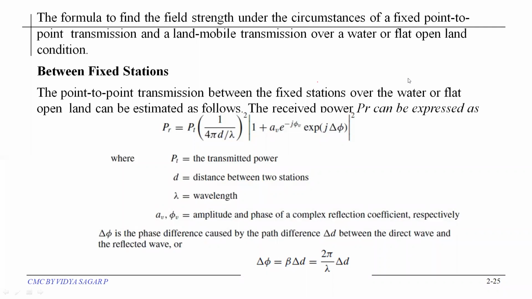Delta phi is the phase difference caused by the path difference delta D between the direct wave and the reflected wave. Right? Here is the formula: delta phi is equal to beta into delta D, whereas delta phi is the phase difference and delta D is the path difference.